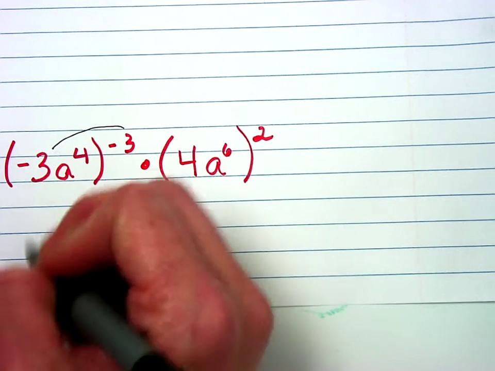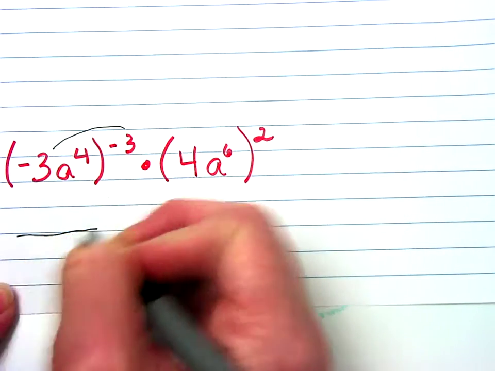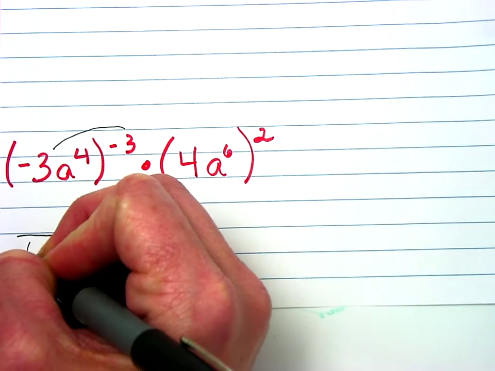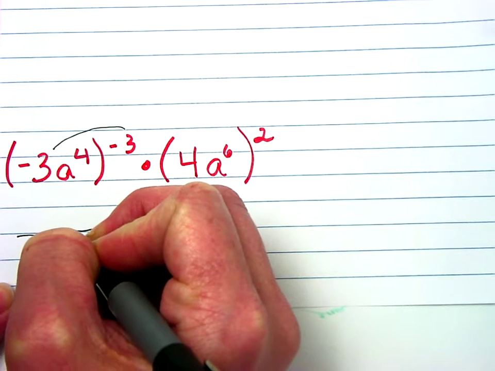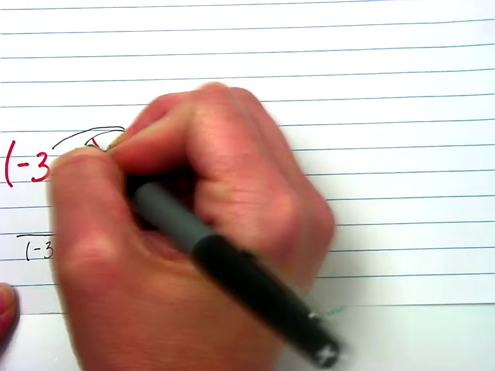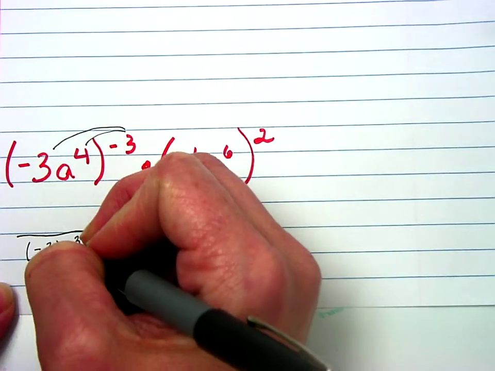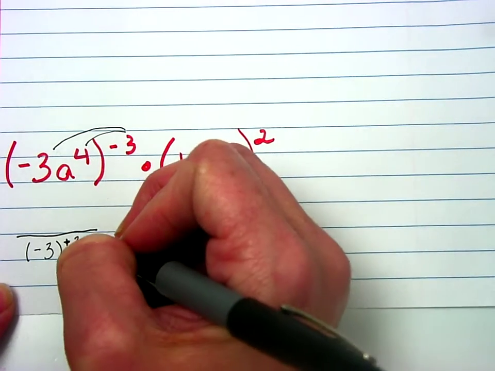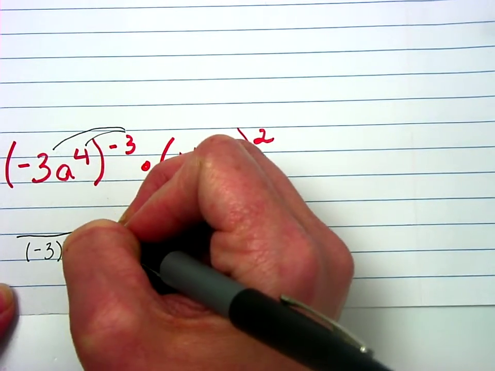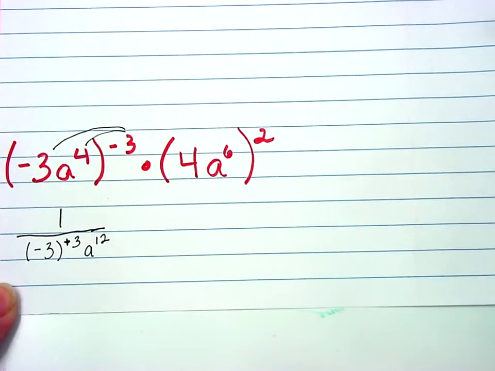I see that it's in parentheses, so I need to show that in parentheses on the bottom. So I have negative 3 in parentheses raised to the power of 3. Then I'm going to distribute it over here, and that gives me a to the power of, I'm sorry, once I move it, it turns positive. Then I have a to the power of 12, which is going to be positive because I put it on bottom. I'm going to put a 1 there to hold the spot.